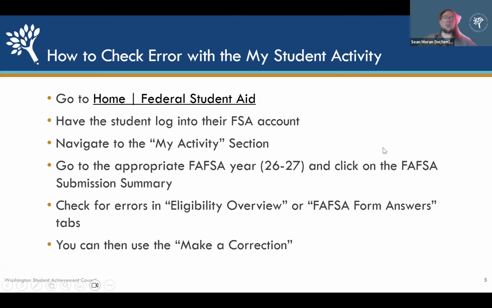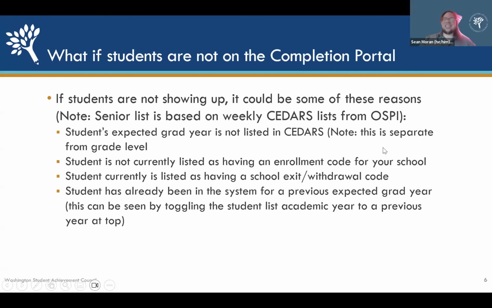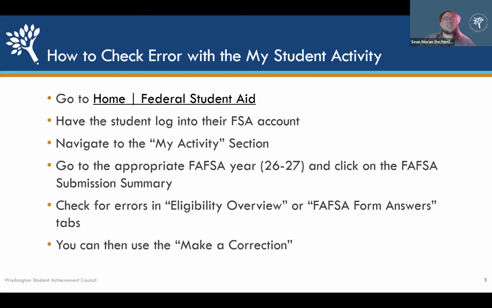The FAFSA completion portal, oh, my apologies. The FAFSA completion portal does not have error codes on it, but in order to find errors, you can go to the federal student aid, then go to their FSA account, navigate to the My Activity, and go to the appropriate FAFSA year. So in this case, 26-27, and then click on the submission summary.